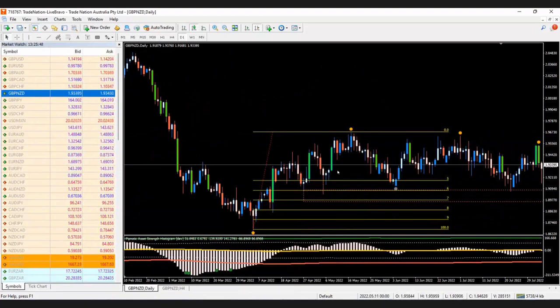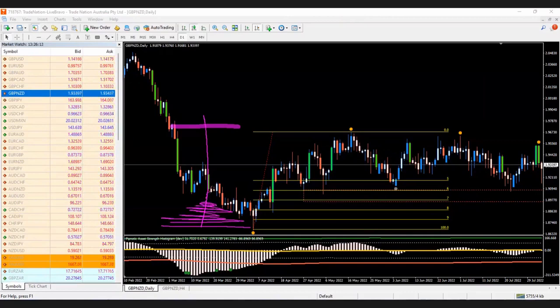Okay, what does that mean? Well, that tells us that the liquidity that was once down here, I mean, it's gone, and this is gone.